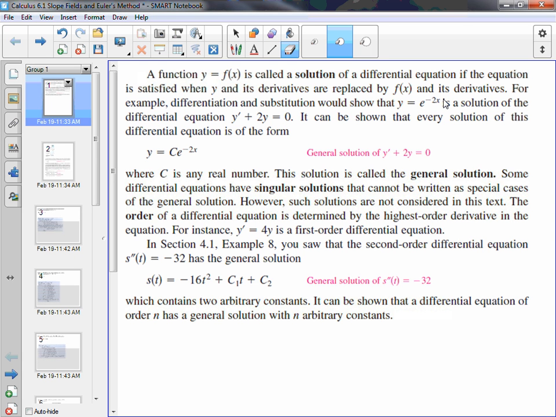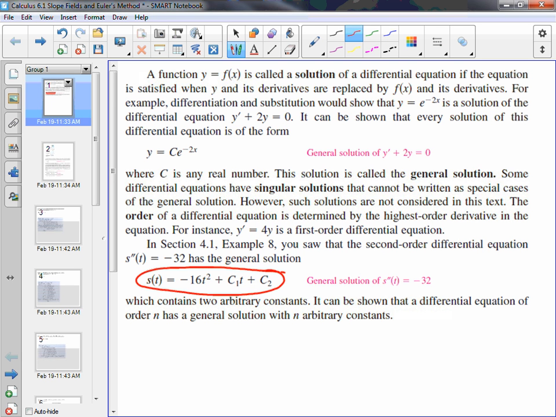In section 4.1, you saw that the second order differential equation s double prime of t equals negative 32 has the general solution, and we've used this a few times, haven't we? That's our position function for a free fall. So s of t equals negative 16t squared plus c1t plus c2, which contains two arbitrary constants.